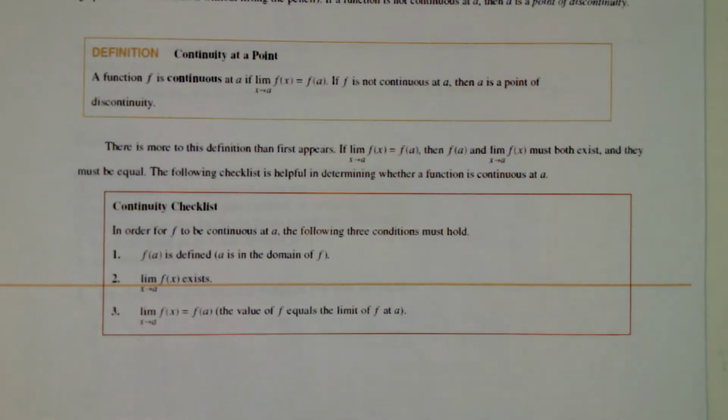And number three, the limit as x approaches a of f of x must equal f of a. That means the value of f at a equals the limit of f at a. They both have to be the same. And all three of these must be met in order for a function to be continuous at a.